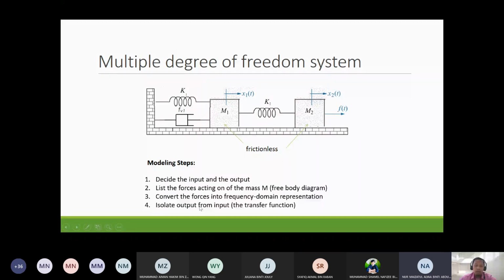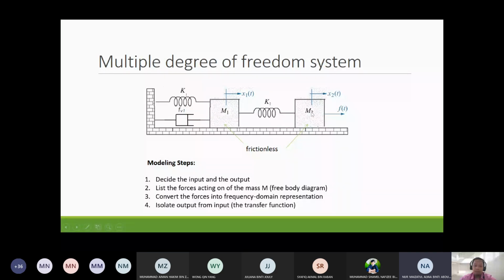But now we have two boxes. In this example, we have two boxes, meaning that we have 2 degrees of freedom, because from the figure we can see that we have two displacements, x1 and x2. x1 measures the displacement for box M1 and x2 measures the displacement for box M2.